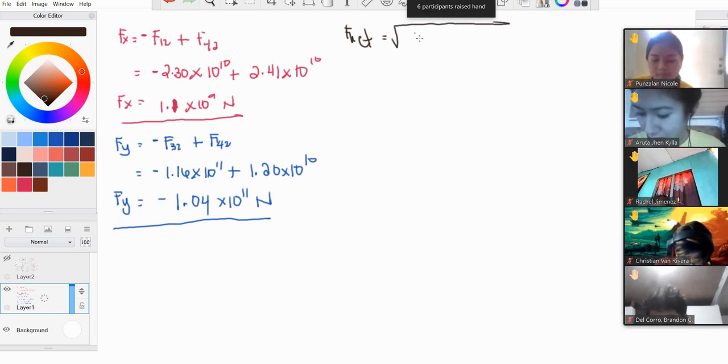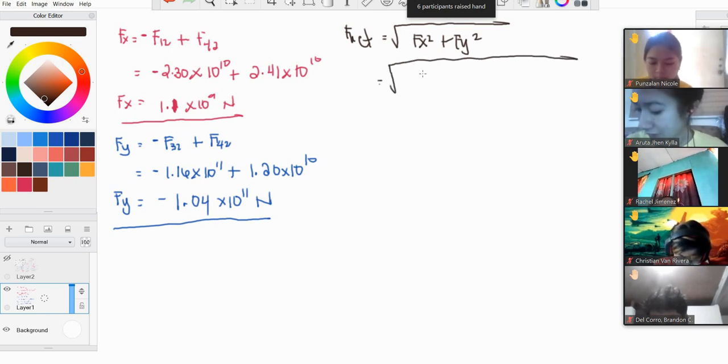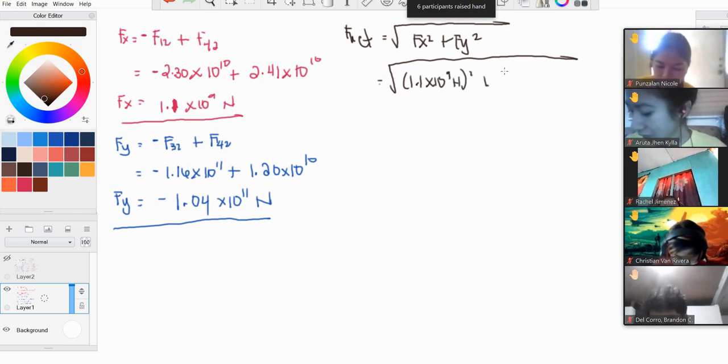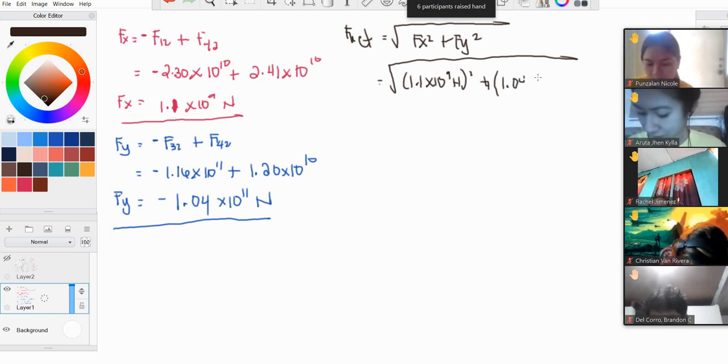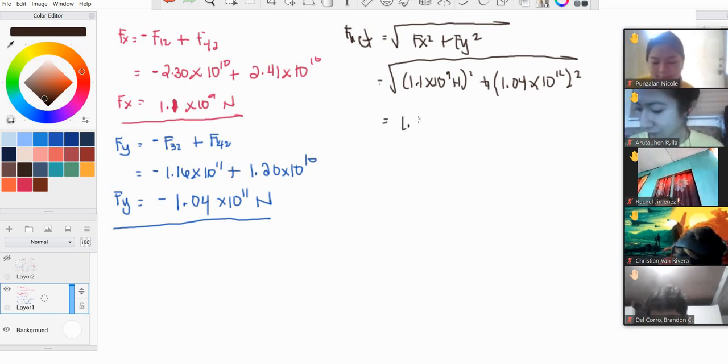Then substitute po, 1.1 times 10 raised to 9 squared plus 1.04 times 10 raised to 11 squared is equals to 1.04 times 10 raised to 11 Newton.